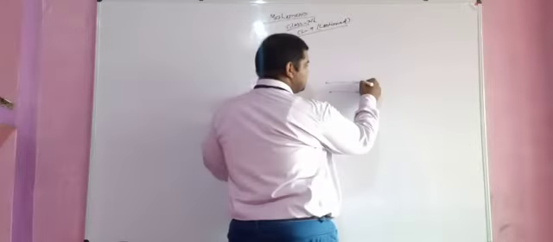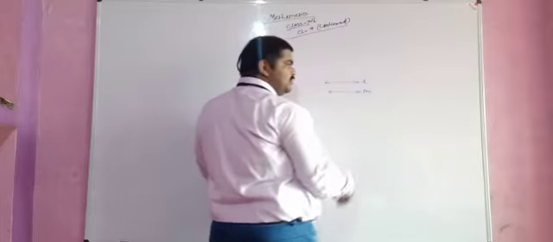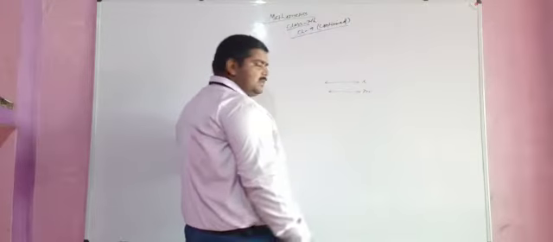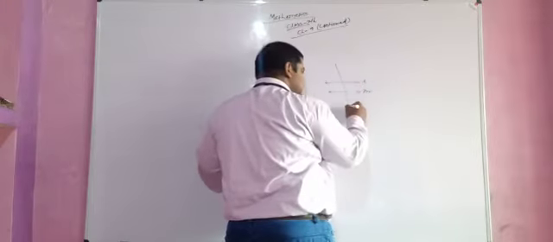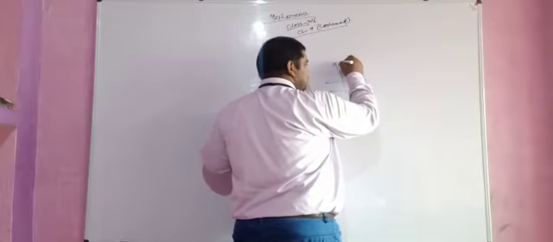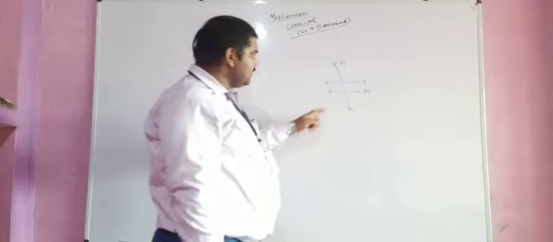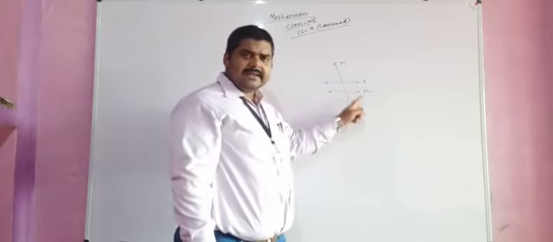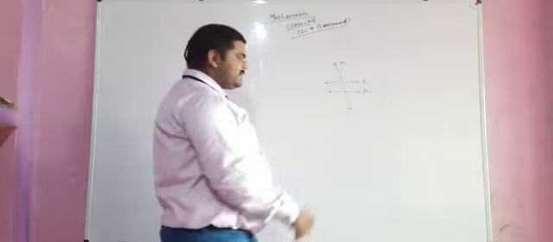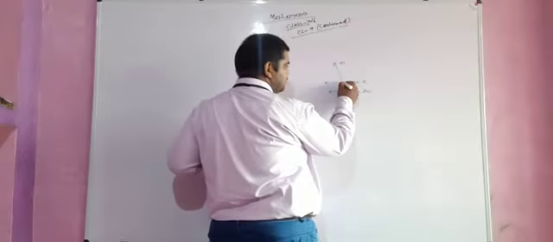Here you have to just see that L and M are two lines. The third line N intersects line L and line M at two distinct points.